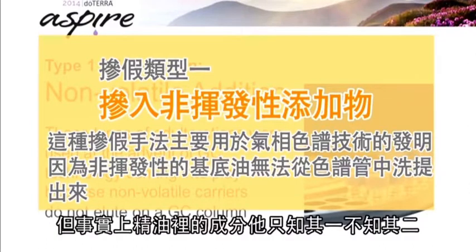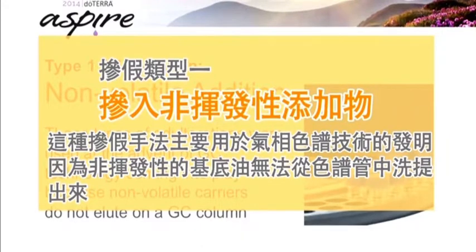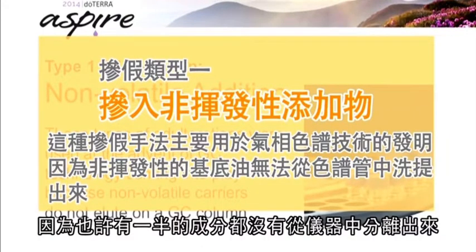But in reality, he's not seeing the full picture of what's in that liquid, because maybe half of it may not even be coming off the column.